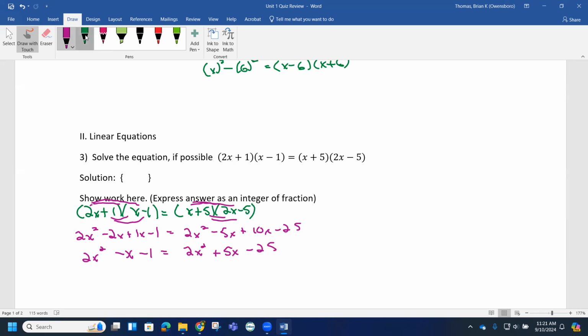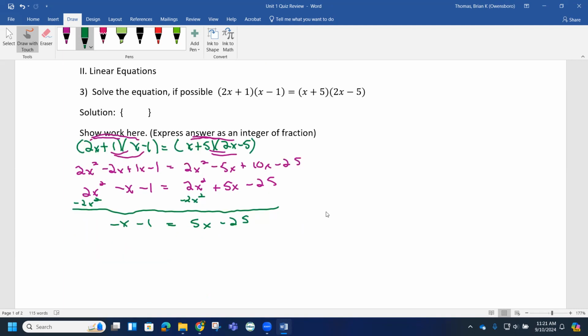But when I bring the quadratic terms over, the minus 2x squared and the minus 2x squared, when I bring those over to the same side, the quadratic terms disappear. So it's no longer quadratic. So now I have negative x minus 1 equals 5x minus 25. So this problem now turns into a linear equation.